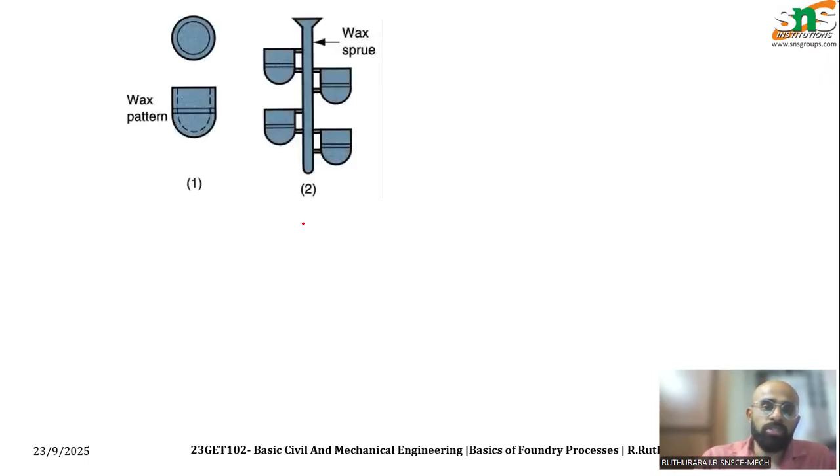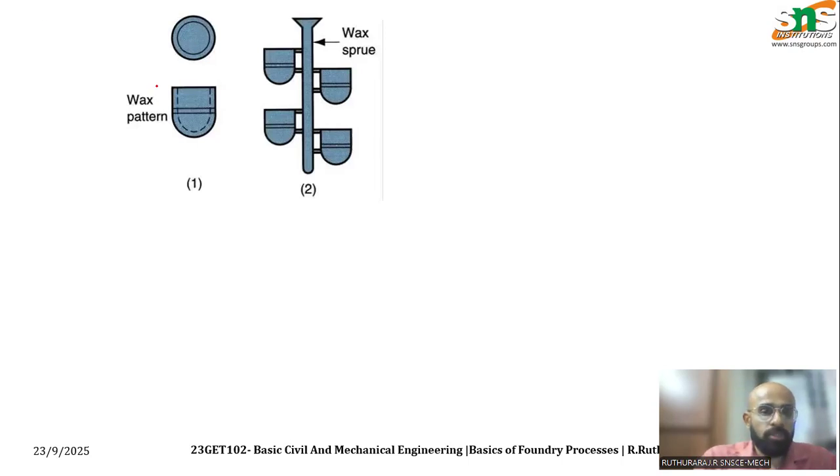The pattern here is made of wax. In normal sand casting, the pattern will be made of wood, plastic, metal, anything like that. But here specifically, the pattern will be made of either plastic or wax. What's the common trait between plastic and wax? They have a low melting point. Keep that in mind.